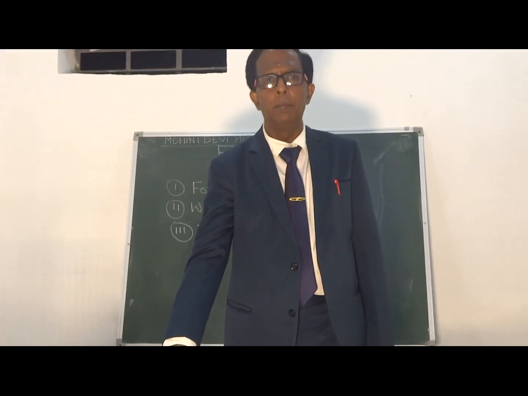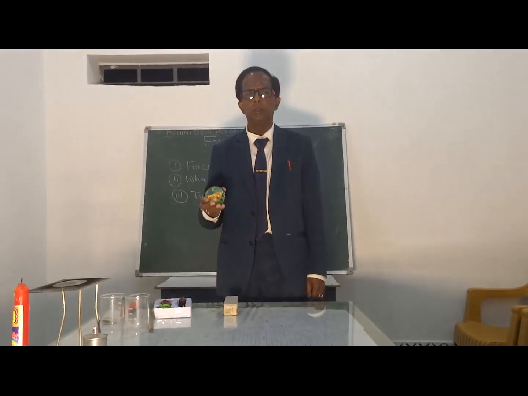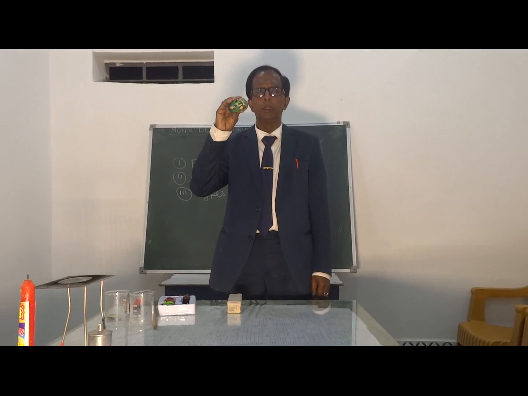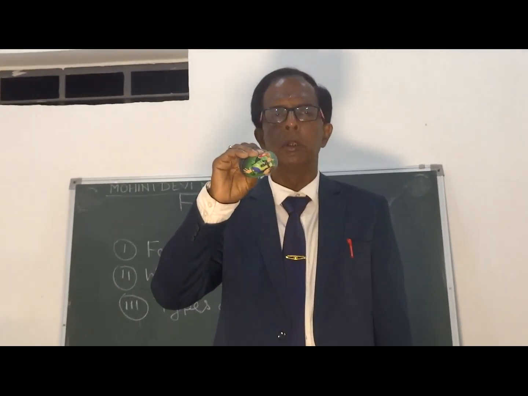A next example for muscular force is the changing of the shape of this ball by the muscular force of my fingers. The shape of this ball is changing with the help of my muscular force, and if the fingers are separated from this ball, then the ball is not changing shape.